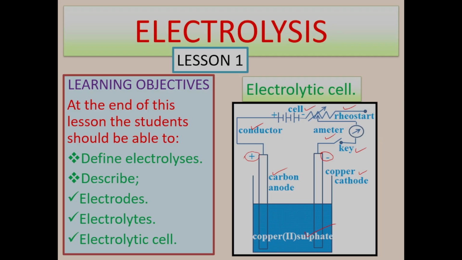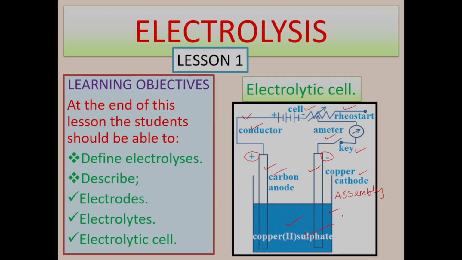Welcome back. When we talk about an electrolytic cell, it is the assembly of the conductor, the electrodes, and the electrolyte in a container to make a circuit.